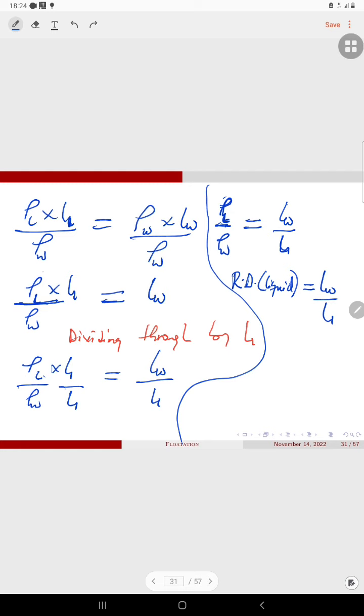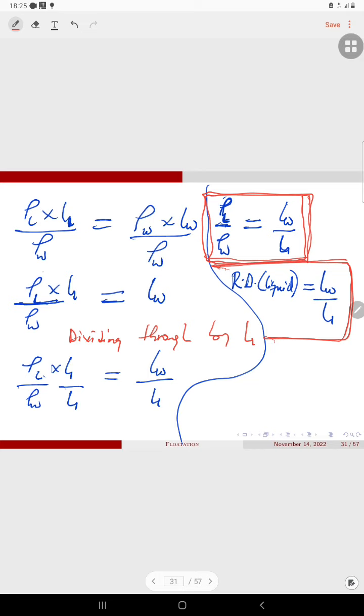So this is a very powerful equation, students. Take note of this equation and of this equation as well. These two equations are so powerful. We will be using them.